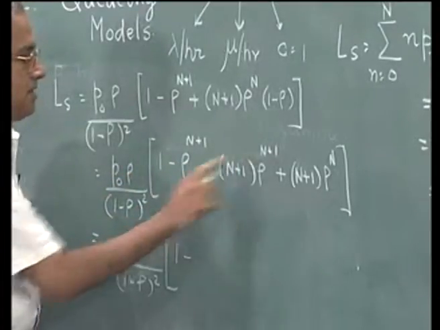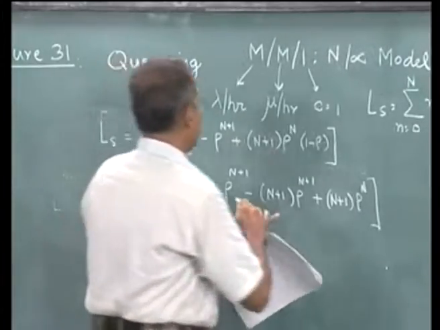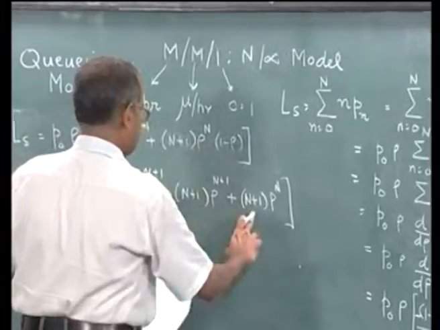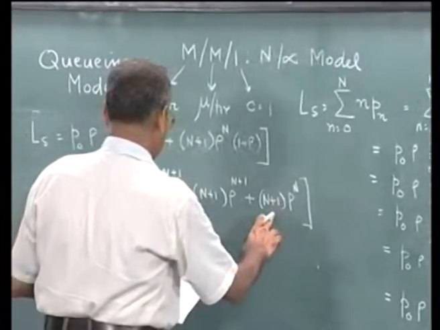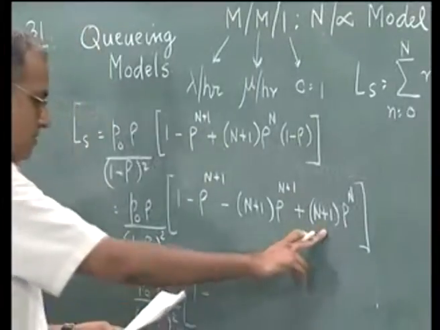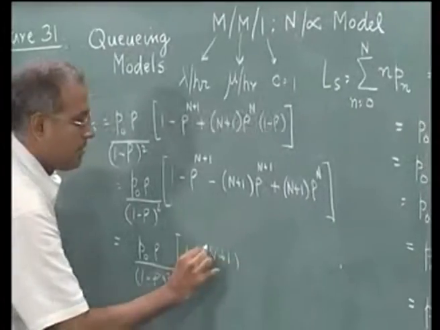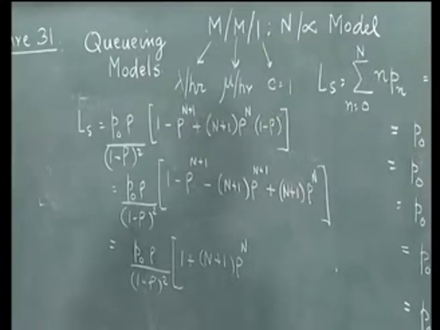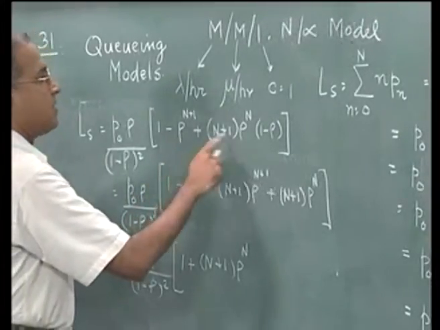So, when I expand this I get n plus 1 rho to the power n, so plus n plus 1 rho to the power n, and what do I get here?